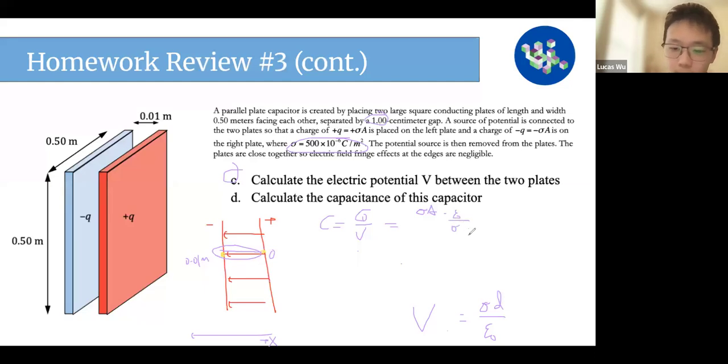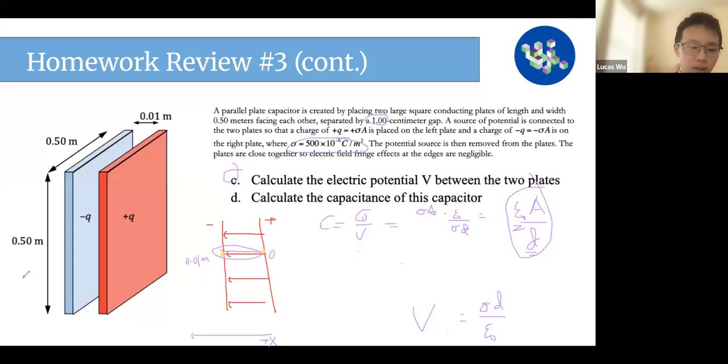So our capacitance would just be epsilon 0 A over d. And again, they should be giving you the area of each plate, and you just plug in what you got for d and what you got for epsilon 0. And yeah, that's part C and part D.